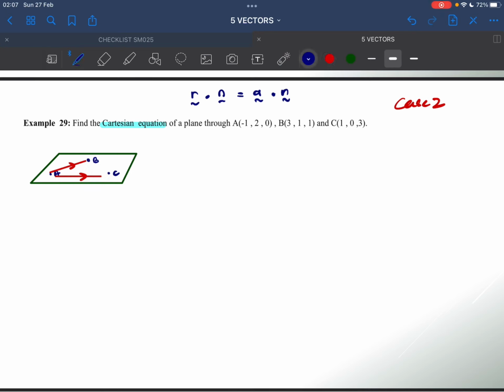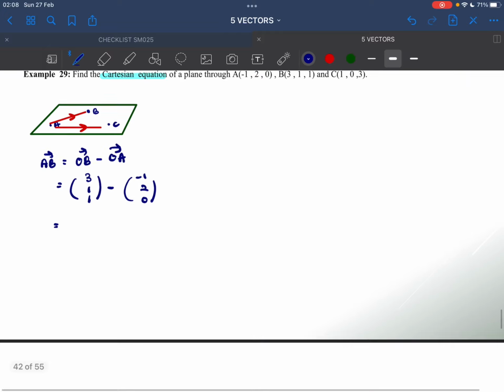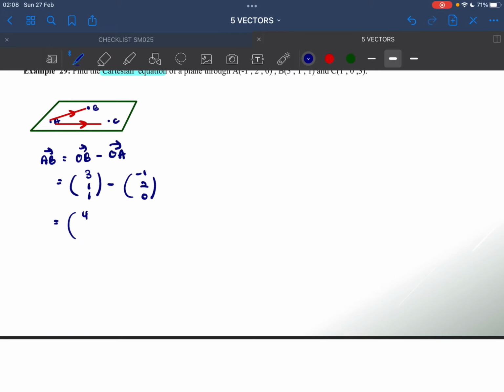So now we have to find the direction vector of AB, which is here we have OB minus OA. So here we have B equals to 3, 1, 1, A equals to negative 1, 2, 0, which is here we have 4, negative 1, 1. And we also have to find the direction vector of AC, which is OC minus OA.